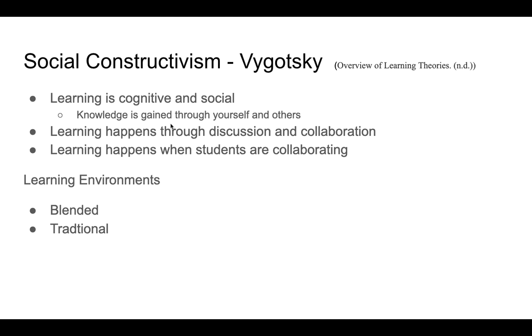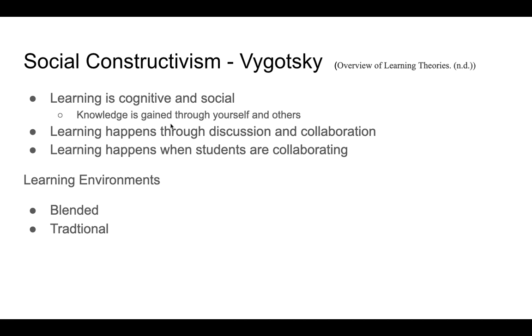And then also, like I said previously, learning happens when students are collaborating. They're talking with each other and they're learning from one another. The learning environments that I feel best fit with this theory are blended and traditional. In online learning, you aren't necessarily talking with others unless you're talking on discussion posts.